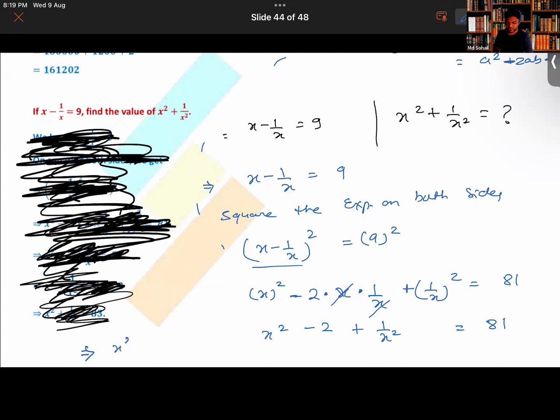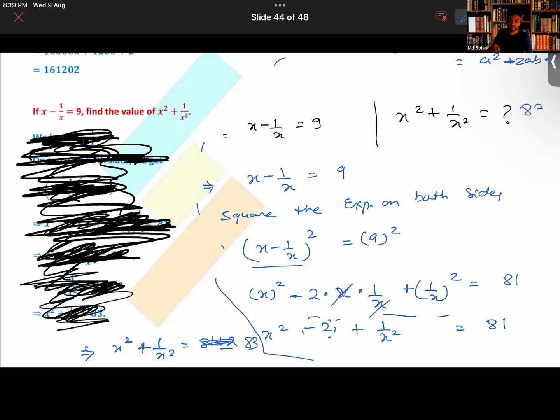Can we not write it like this? x square plus 1 upon x square, and transpose this minus 2 to the right side. So it is going to be 81 plus 2, that is 83. So x square plus 1 upon x square is equal to 83.